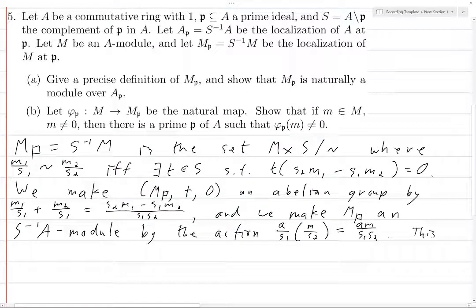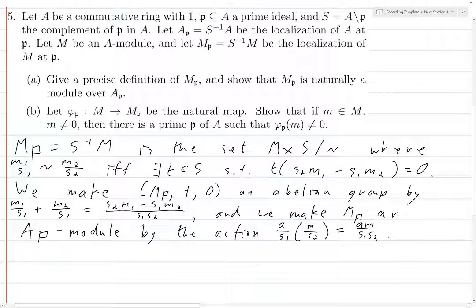So this makes M_P an S inverse A module, but S inverse A is A_P, so this is really an A_P module.